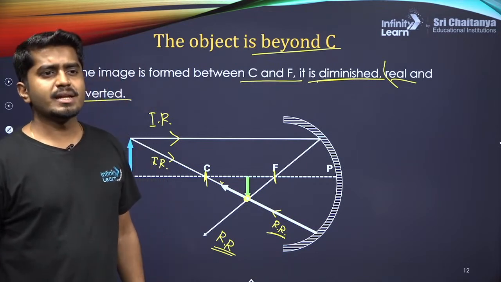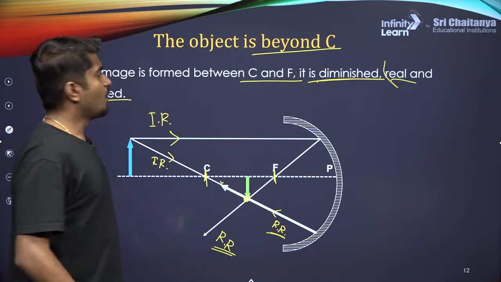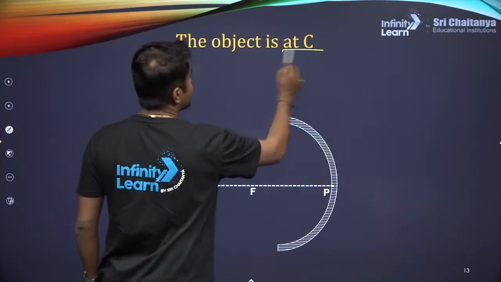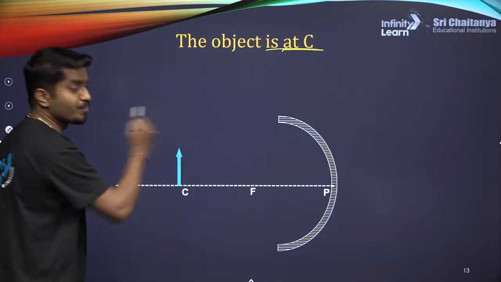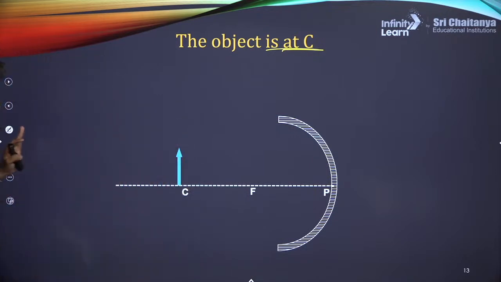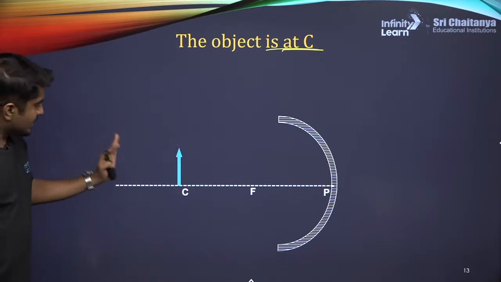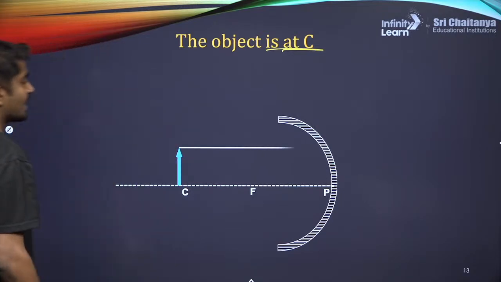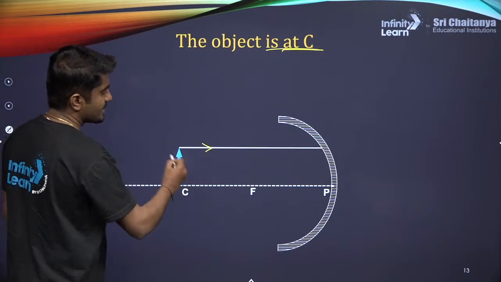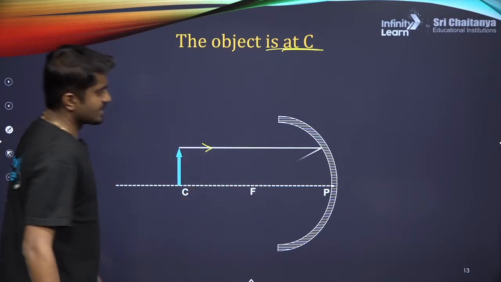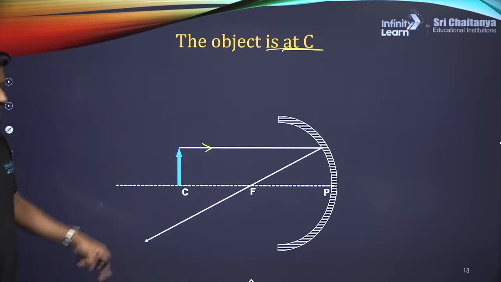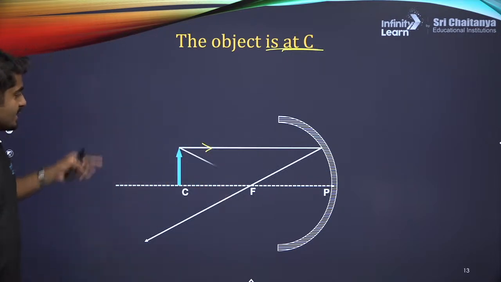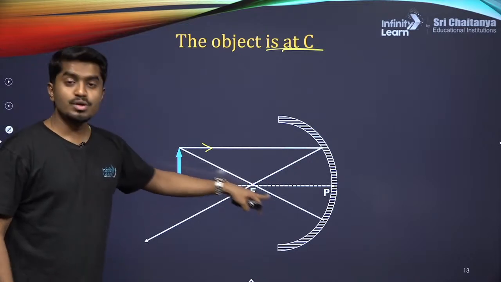How does an image form? Alright. So now the object is at C, that is the center of curvature. You place the object at the center of curvature. Earlier at infinity, then beyond C, now at the center of curvature. So what will happen? Again, there is an incident ray parallel to the principal axis. This one is the reflected ray passing through the focus. You need another ray. There is a second ray passing through the focus.